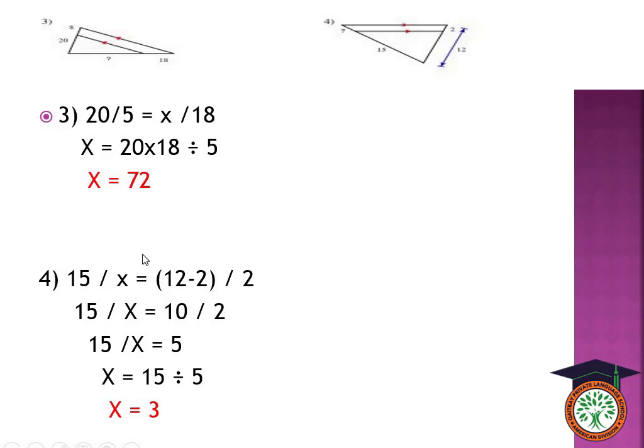So here let's simplify our proportion. 15 over x as it is. So 12 minus 2 equals 10 over 2. Now I have cross multiplication here to find the value of x. x here equals 15 divided by 5. So the value of x equals 3.